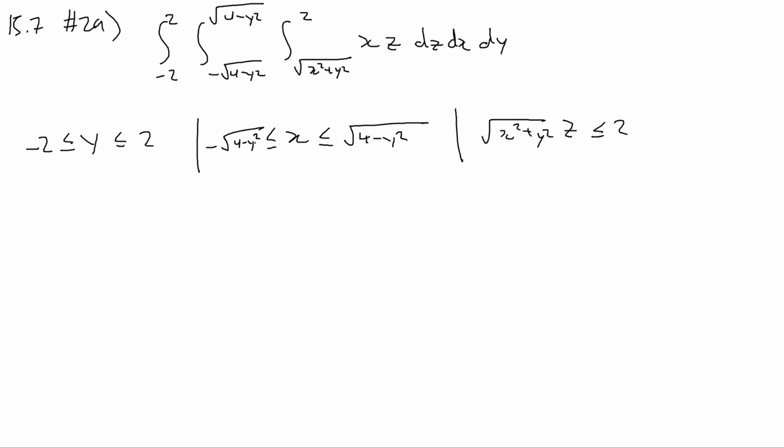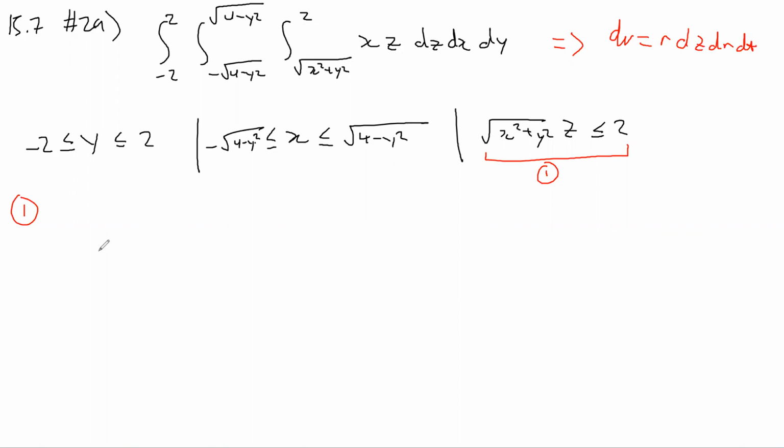Okay, so I'm just going to focus on this part of my inequalities first. Look at the z value, because in cylindrical coordinates you want to write down that dV is equal to r dz dr d theta.